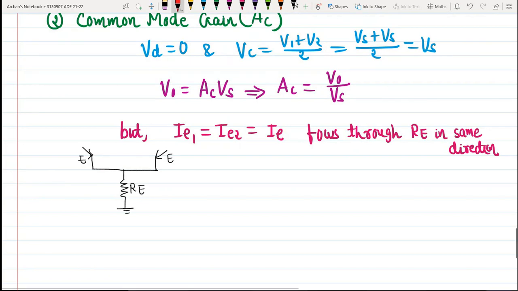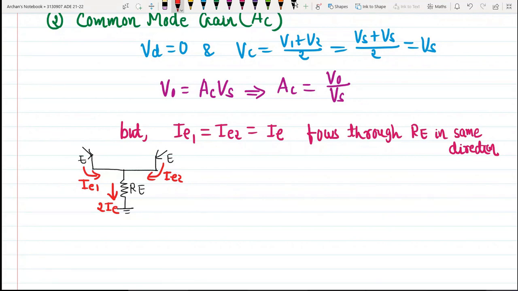Some part of current IE1 is flowing in this direction, some part of current IE2 is flowing in this direction, and there will be the total current, which is equal to 2 times IE, flowing through resistance RE.